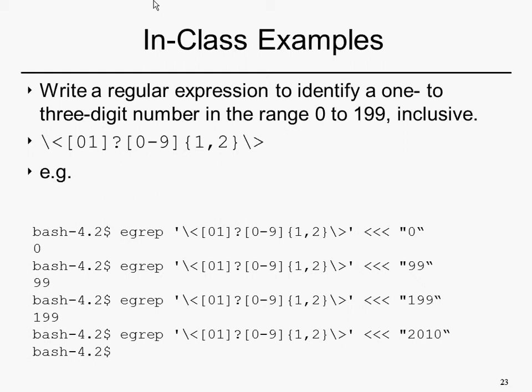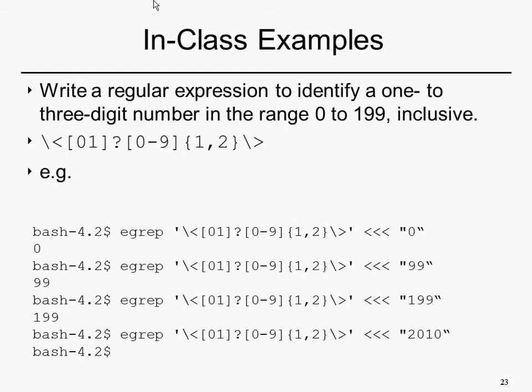Could someone please interpret this regular expression for me? There may or may not be a 0 or 1 preceding what we had last. Okay, preceding 1 or 2 digits in the range 0 to 9.